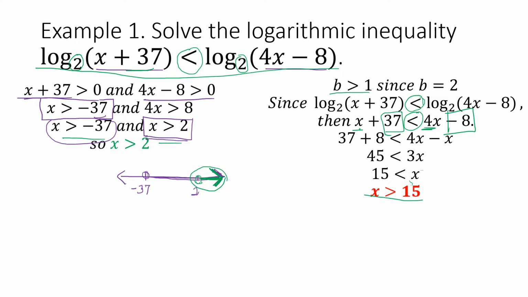So this is another solution, or values of x we should consider. Combining these two now, I'll use another color. x is greater than 2 and x is greater than 15. Let us locate them again on a number line.